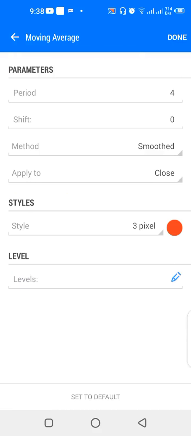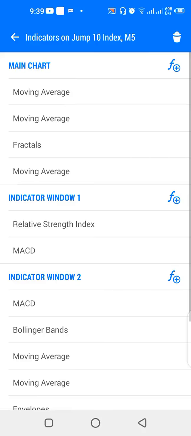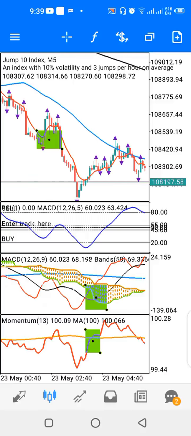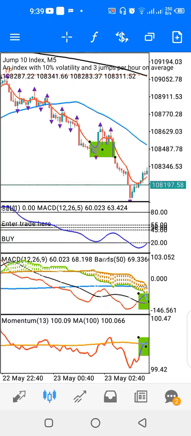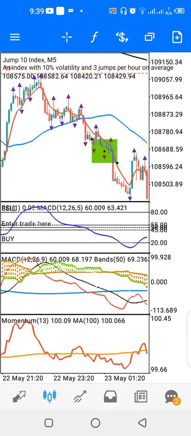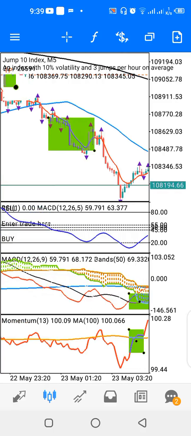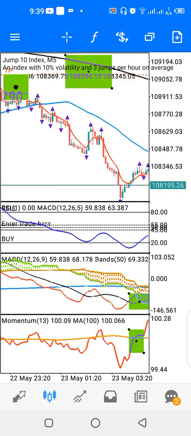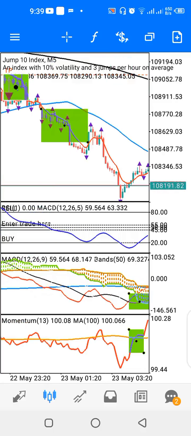Then I have moving average 4 period, shift is 0, method is smoothed, applied to close, and the color is red. And of course, the function of the red moving average is to identify your trigger, in the sense that the 2 lines are below the black line, which means we are in a bearish trend.